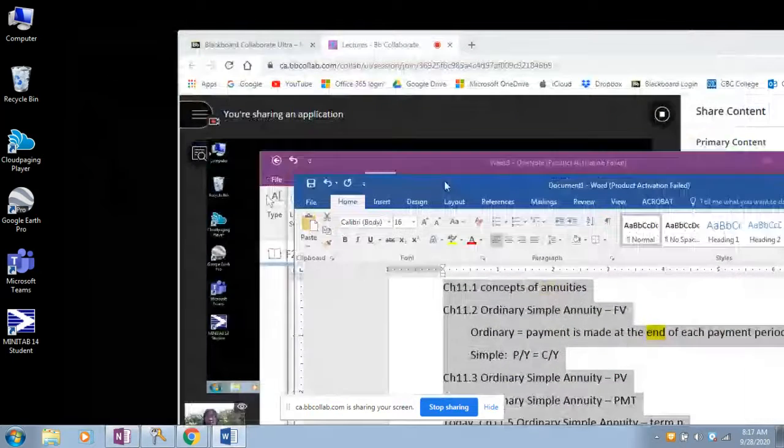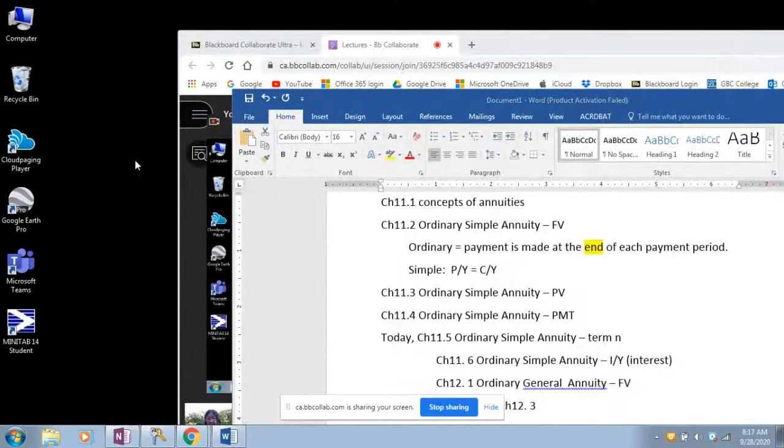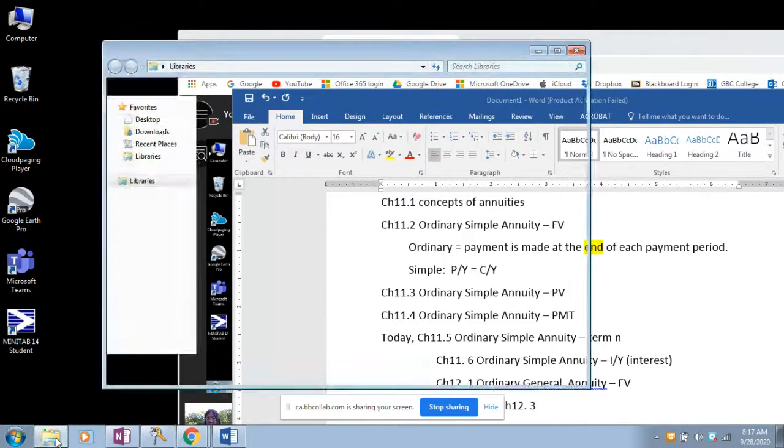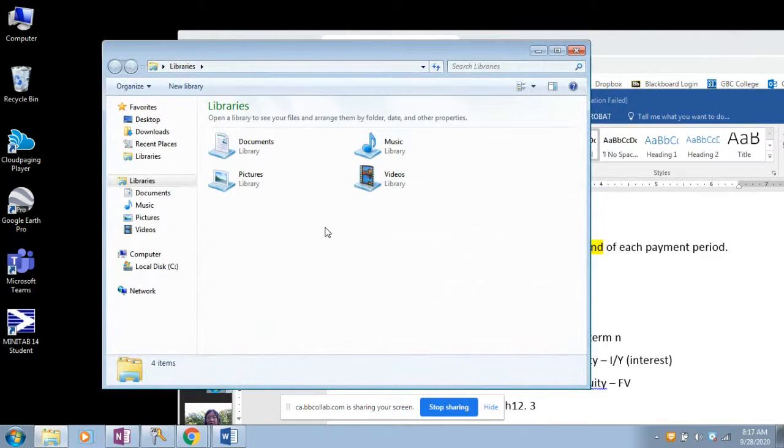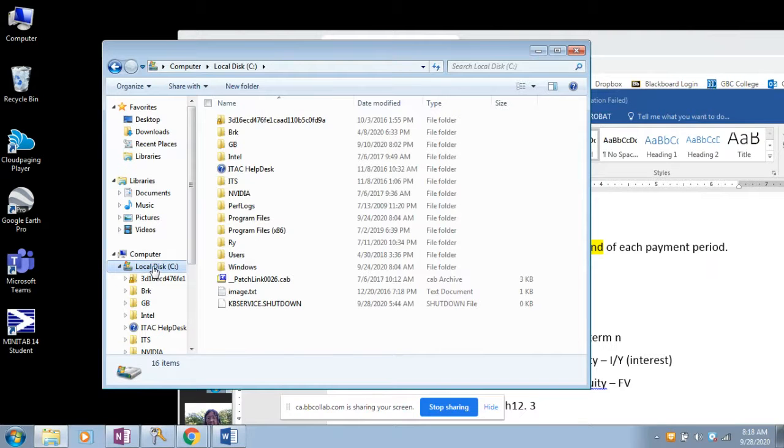Usually it is right here. Okay. And hey, where's my calculator? Downloads. Library. C drive. C drive. No, retail. Yes.